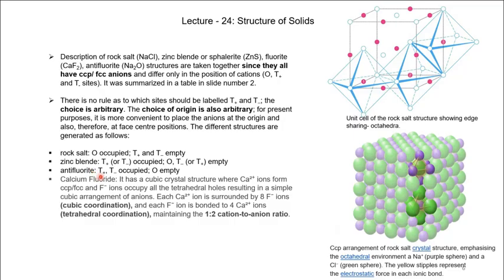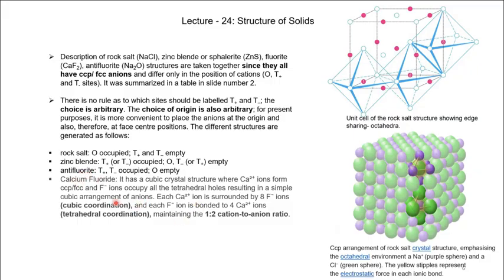In antifluorite, both sets of tetrahedral positions are occupied. Octahedral positions are empty. Now, this is antifluorite. What is calcium fluoride then? We see that calcium ions, not the anions, cations, form the cubic close packed arrangement or face-centered cubic lattice, and fluoride ions are in the tetrahedral holes, and therefore we call this the calcium fluoride structure.